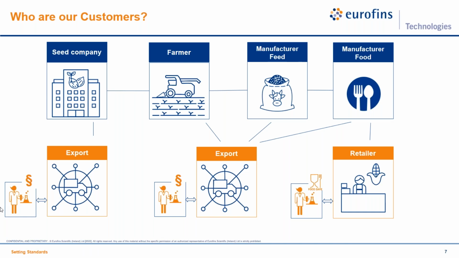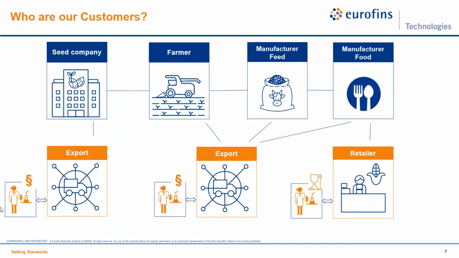Both are interested in exporting, as well as testing to comply with global legal GMO standards. And then finally, everyone is selling into the retailers, where we as consumers consume foods of different natures. So it's not only the legal status that needs to be complied with, but also food safety aspects, because we as consumers also expect certain levels of safety.